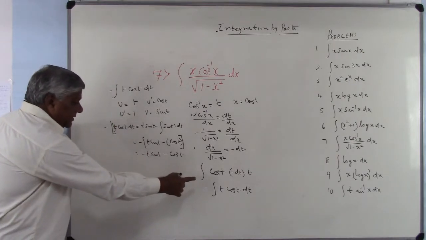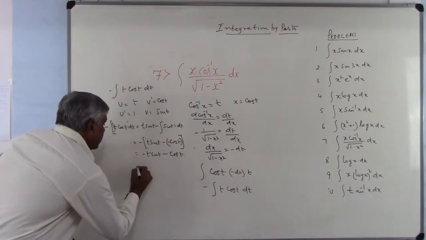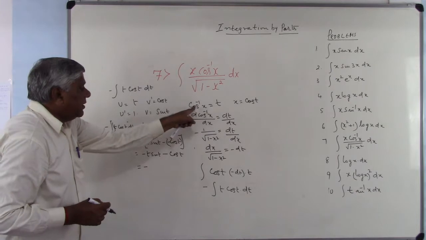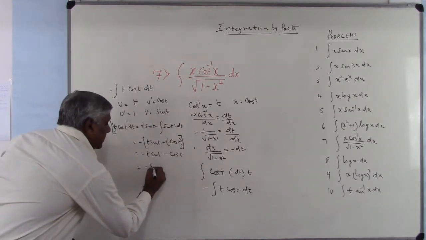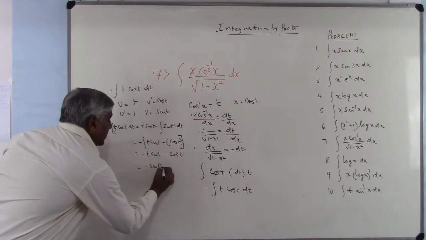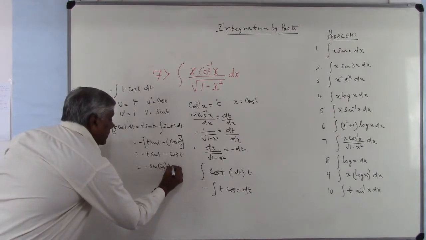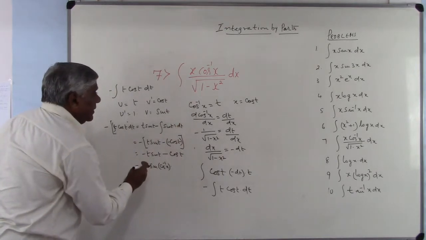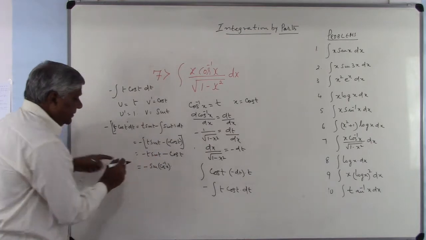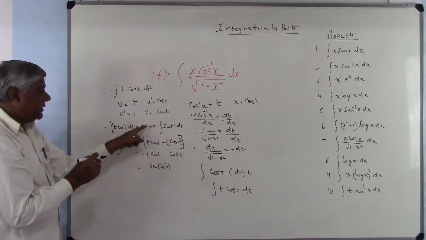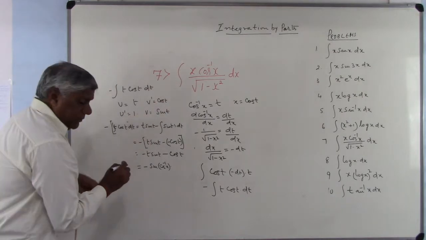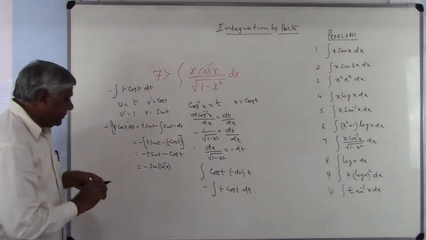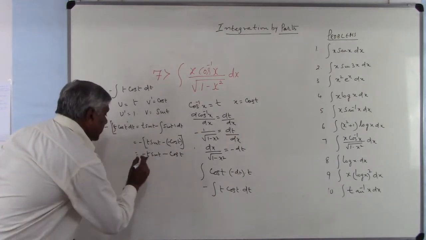Now therefore, in the main problem, instead of t we are going to substitute. What is t? Cos inverse x. Sin t is what? We will make an adjustment here.